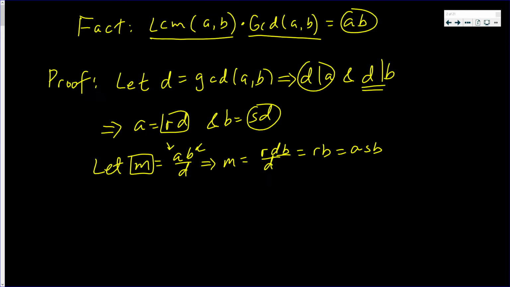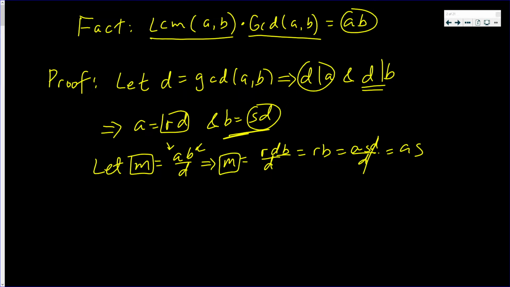It's A times SD over D. B equals SD, so let me put SD. The D's cancel out and I get AS.